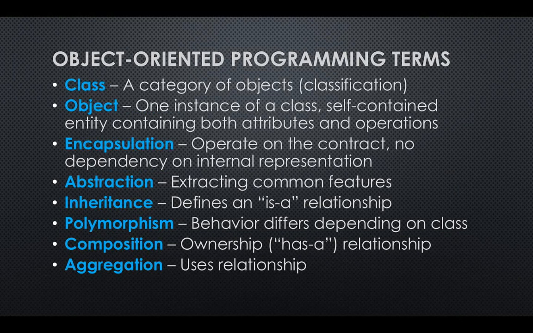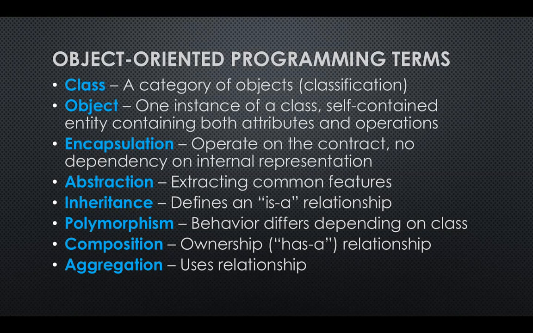So let's go over the object-oriented programming terms. So a class, what is a class? A class is a category of objects. Class is short for classification. It defines a contract that all instances of the class must adhere to. So what are the instances of a class? They're the objects. So if I make 5 course offerings in that college that I just talked about, each one of those course offerings is its own object.